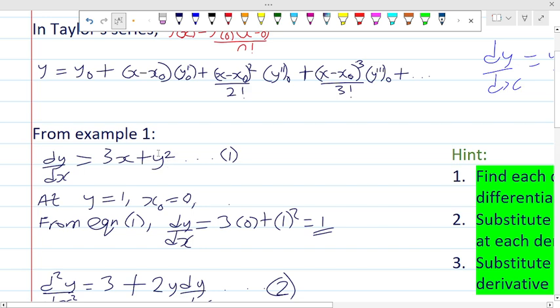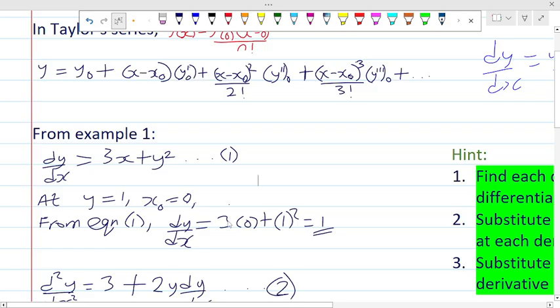Then at dy/dx we'll put this thing here, but we don't need all of this at this point. What we need is the value of dy/dx, meaning what is x, you put 0, what is y, you put 1, and then you get the value. So look at it here, dy/dx.